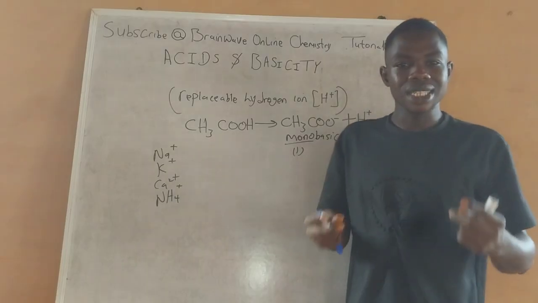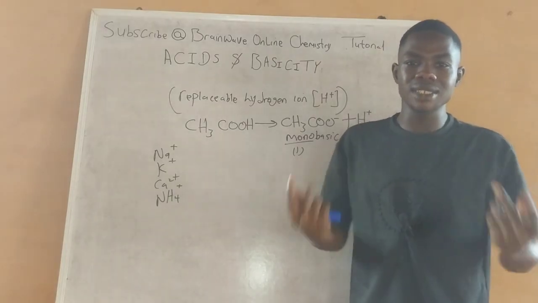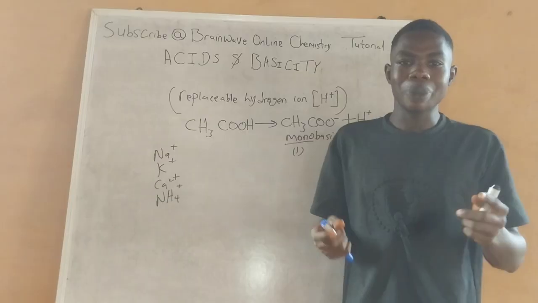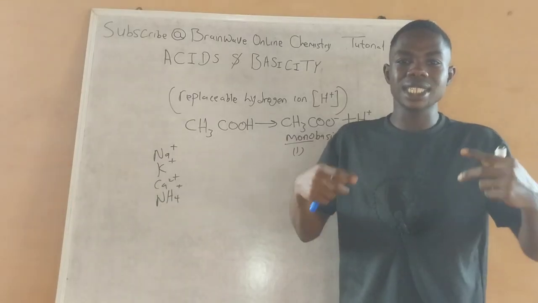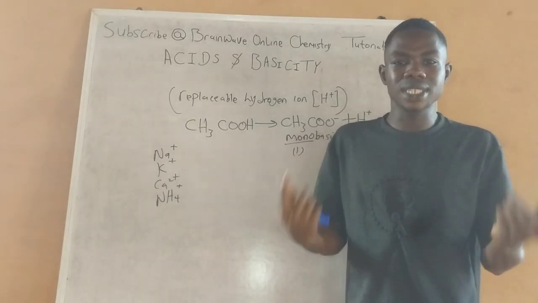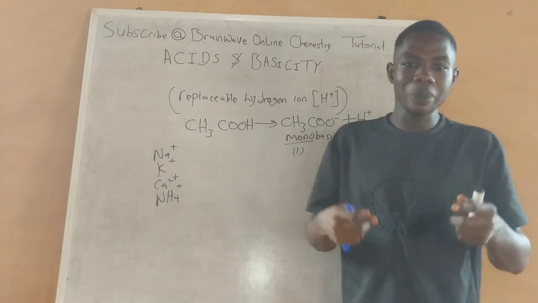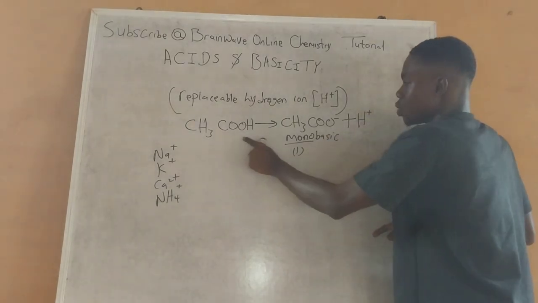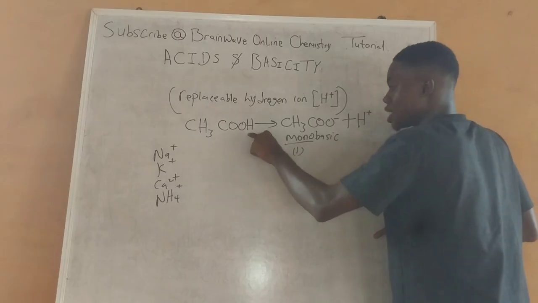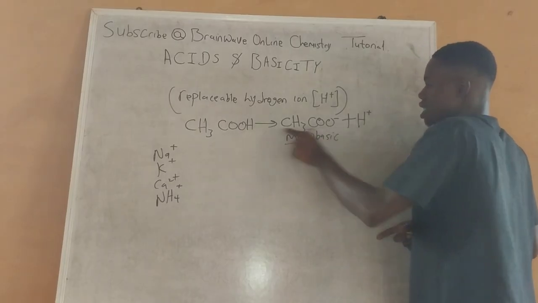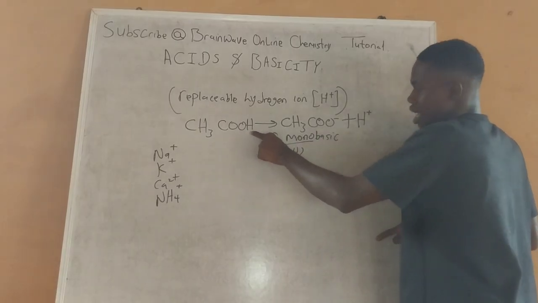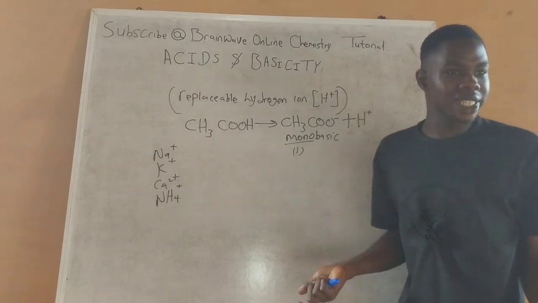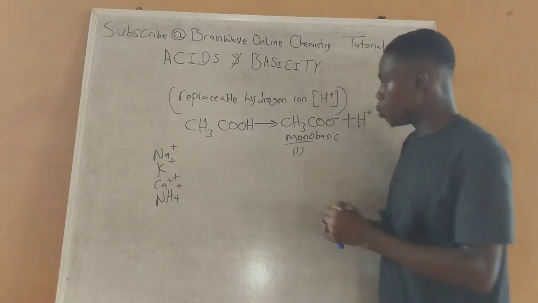Mono means 1, di means 2, tri means 3, tetra means 4, penta means 5, hexa means 6, hepta means 7, octa means 8, nona means 9, and deca means 10. Are you seeing it now? In this ethanoic acid, only 1 hydrogen ion can be replaced, which is this last hydrogen ion here. So therefore, we call it monobasic.